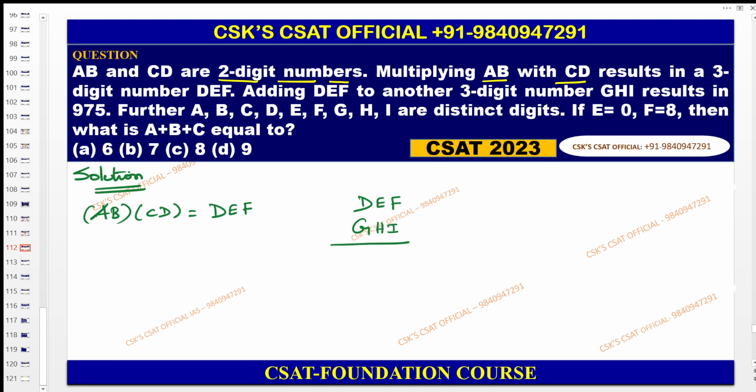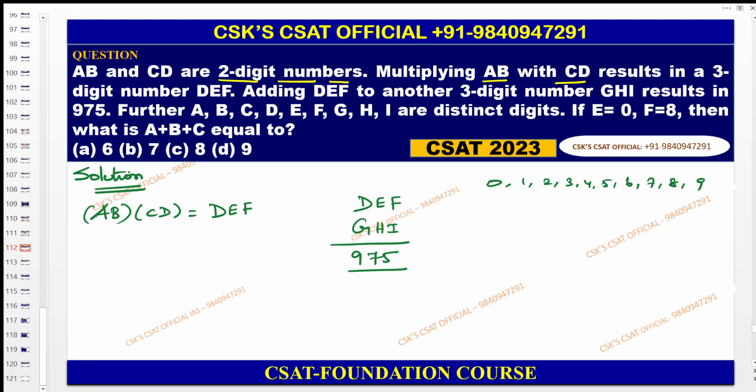that resulted in 975. Fine. Further, A, B, C, D, E, F, G are distinct digits. So the digits are 0, 1, 2, 3, 4, 5, 6, 7, 8, 9.